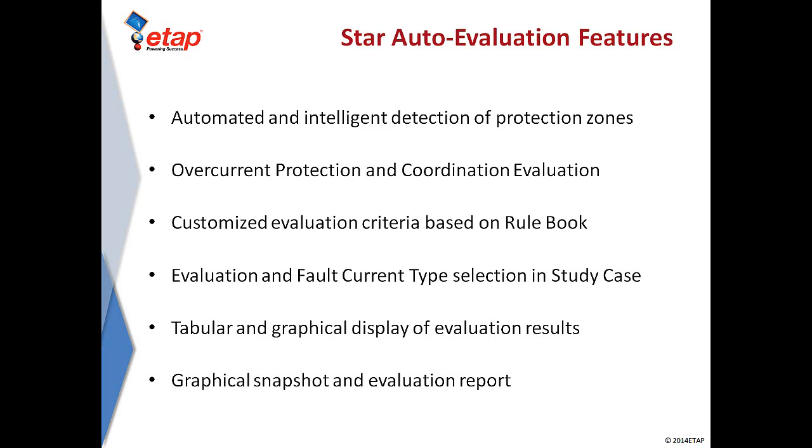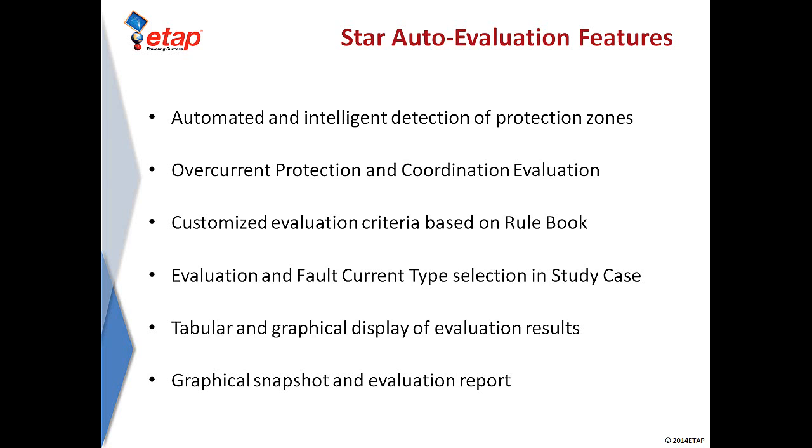STAR Auto Evaluation is an automated and intelligent detection tool for protection zones. At the same time, it intelligently evaluates the overcurrent protection and coordination based on user-defined rules or the rules which are typically provided as part of the package and is based on industry practice.